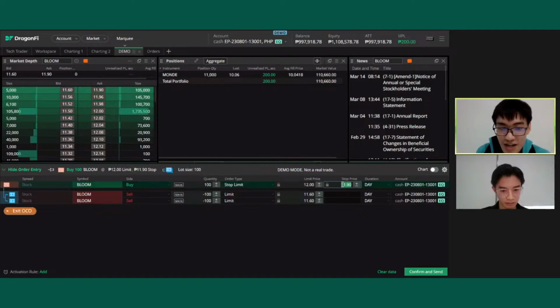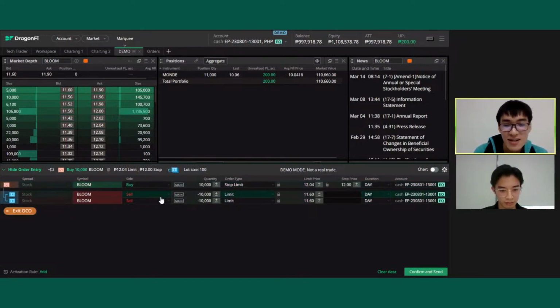So your stop price would be 12. Then your limit price will be above 12 pesos, so maybe around 12.04, let's say. Then your quantity, whatever position size you computed. Let's say, for example, 10,000 na lang. Right? So that's your stop limit.